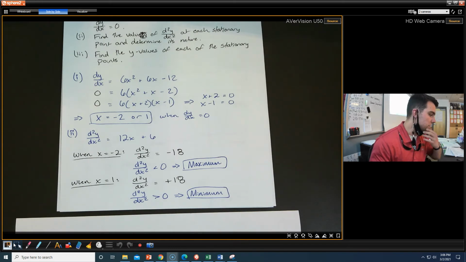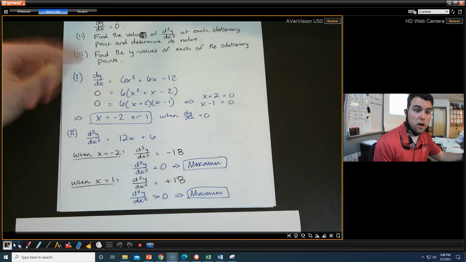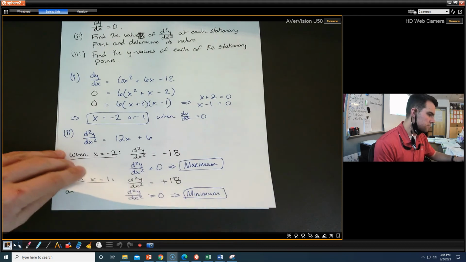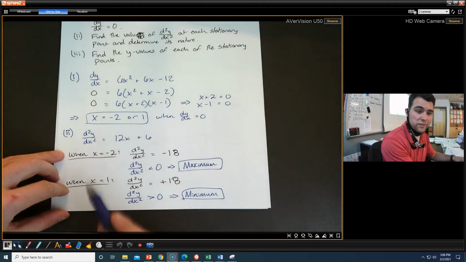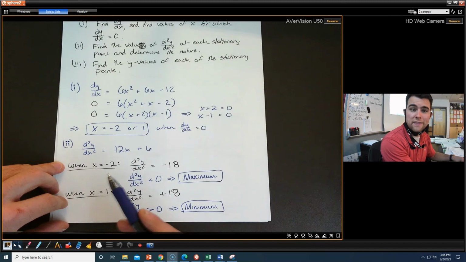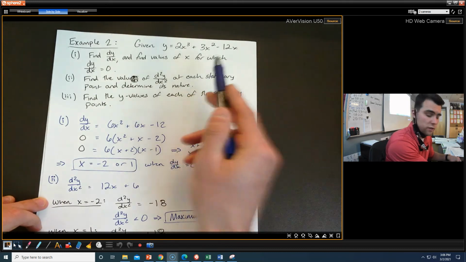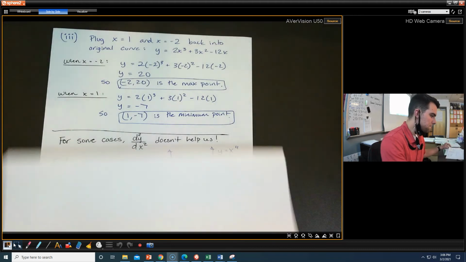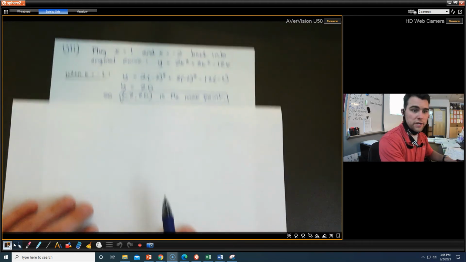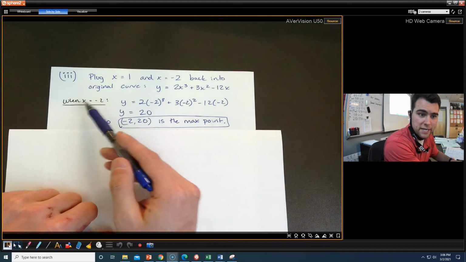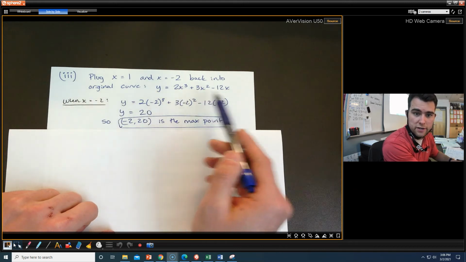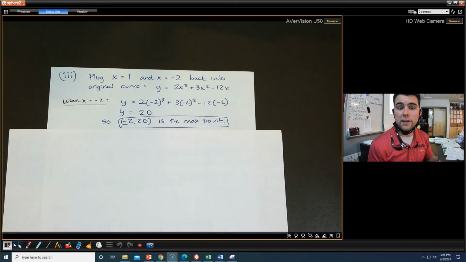The last thing we have to do is find the y values of each of these stationary points. If I have this x value and this x value, all I'm going to do to find their y values is plug them back into the original function up here. When x is equal to negative 2, I plug negative 2 in for x here, here, and here, and I find that my y value is 20.